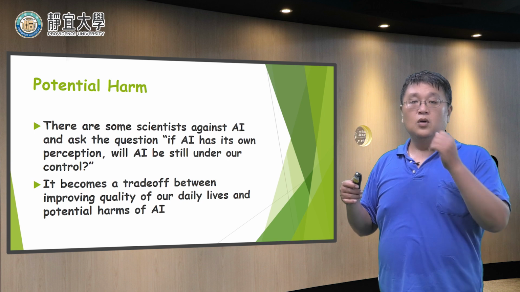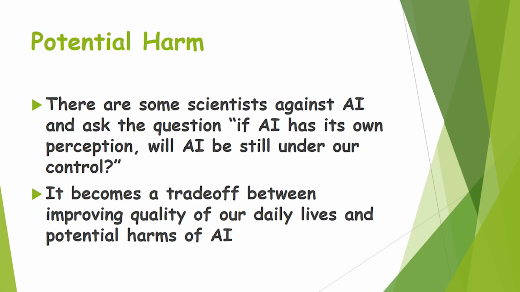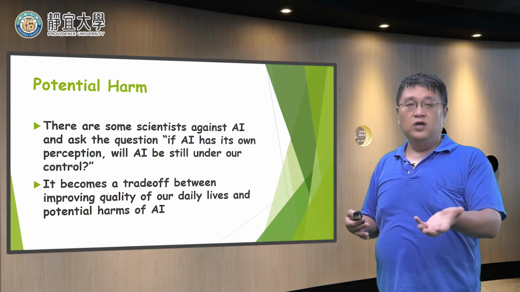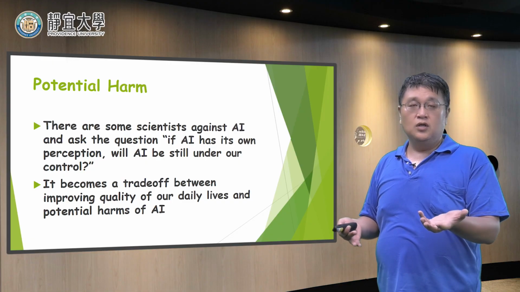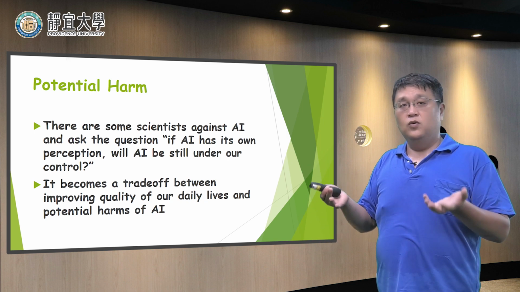So there's a lot of things AI can be. You have to expect what AI can do, and you will face a trade-off. If you use AI, you can get the advantage, and also get the harm. So you have to judge the trade-off.